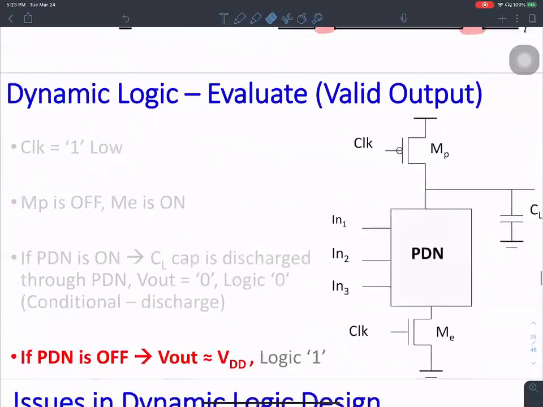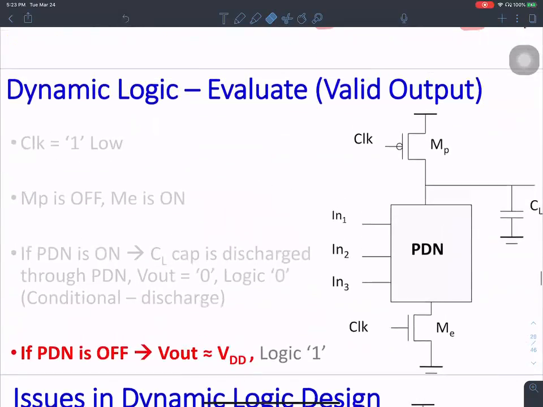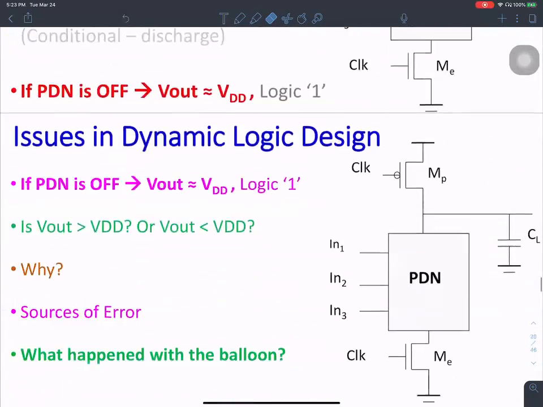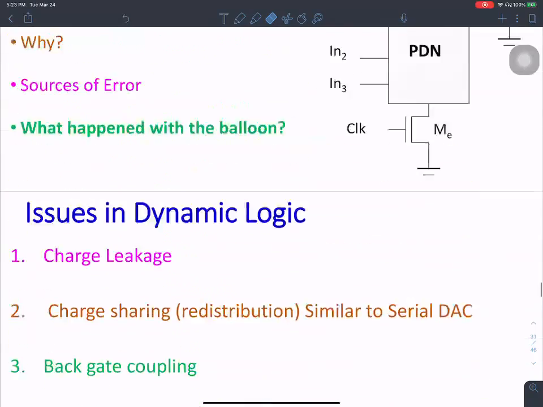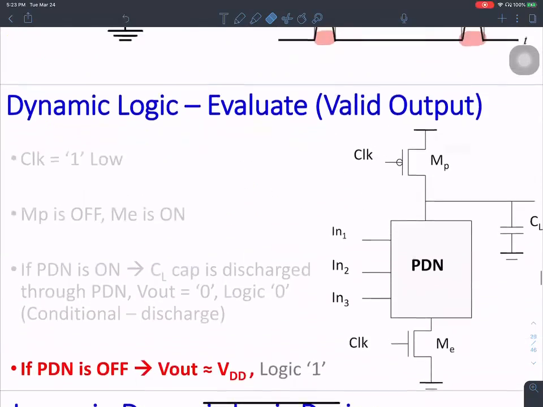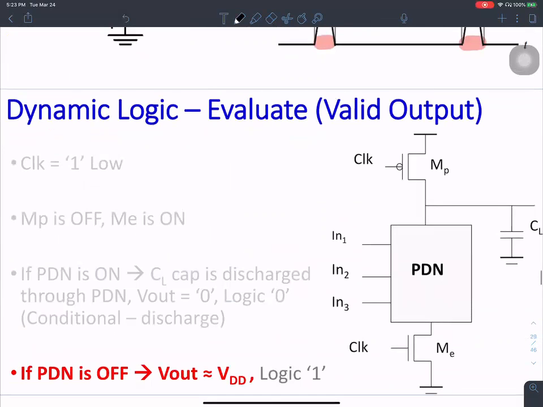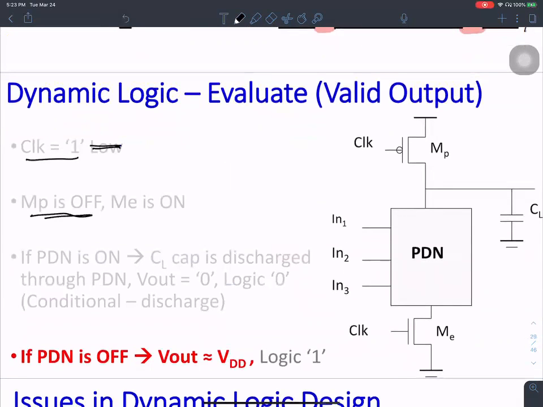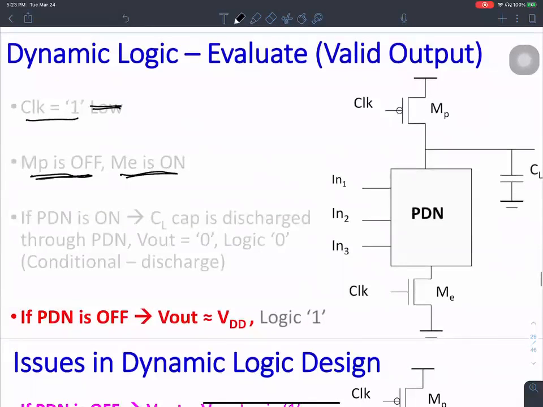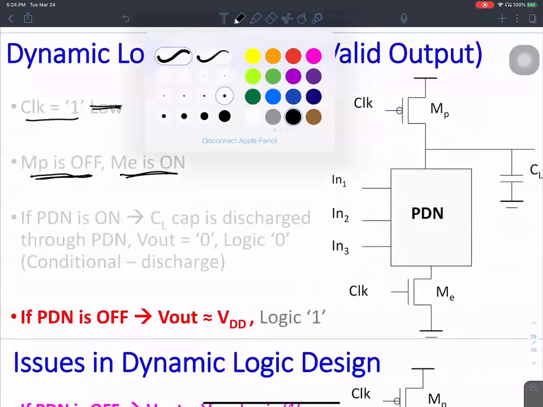Okay, let's look at the idea of evaluate. As a matter of fact, we did look at the idea of dynamic logic gates, right? Dynamic evaluate phase. During the evaluate phase, clock is 1. Therefore MP is off, the bottom transistor is on. So this is exactly what we discussed just now.